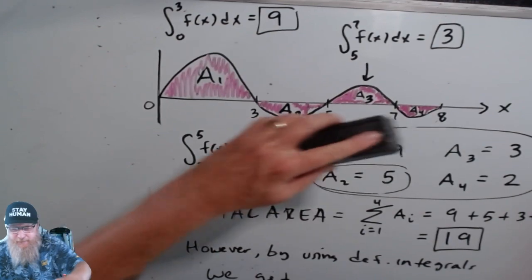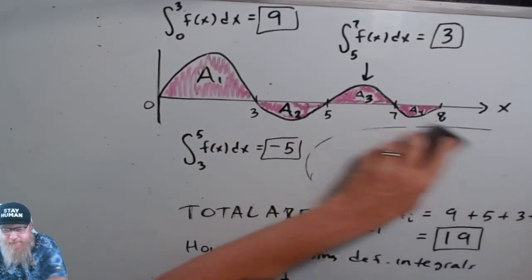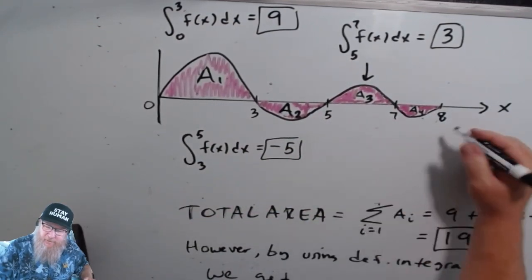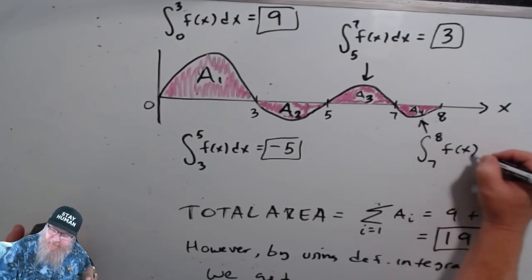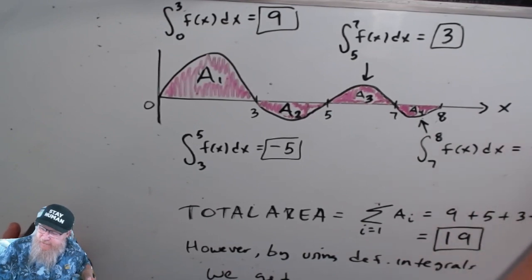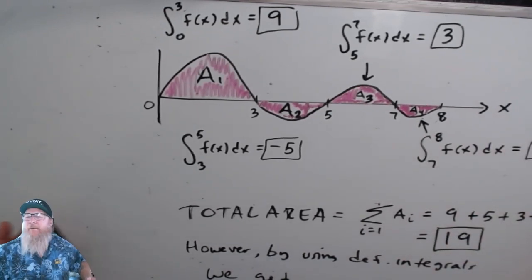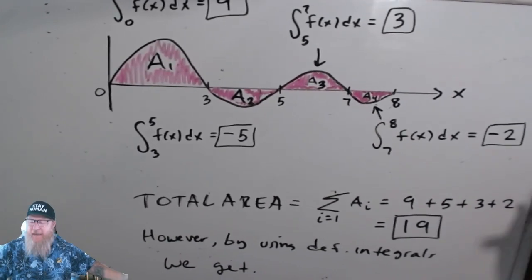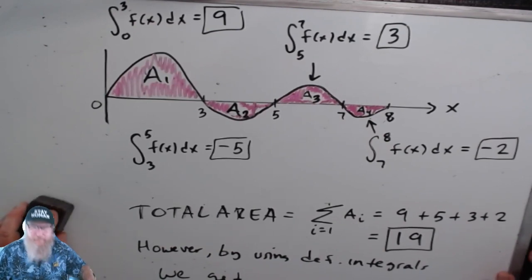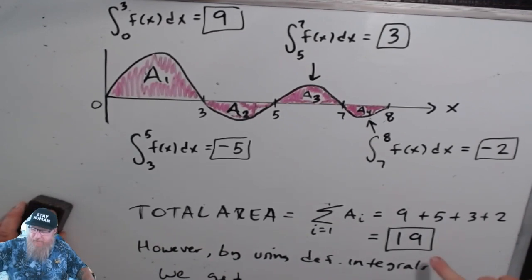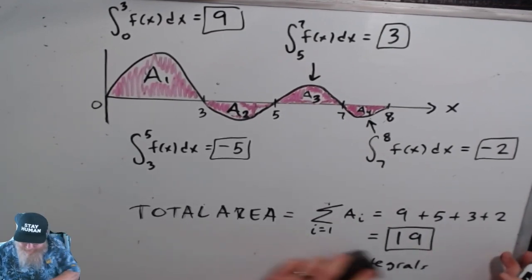And then this last one, what did I say it was? 2. The integral from 7 to 8 of f of x dx. Well, I said the actual area was 2, so the net area is negative 2. Now, the total area is 19.